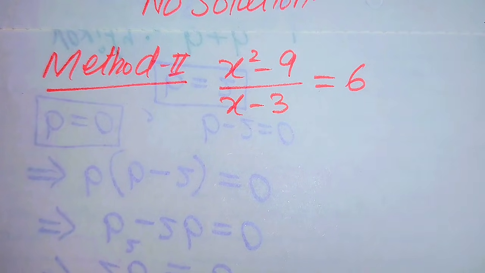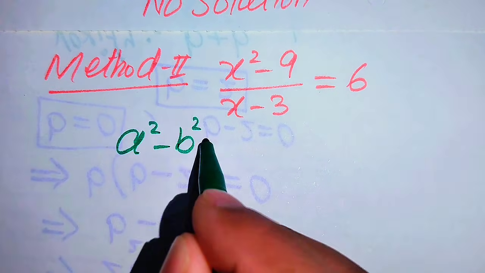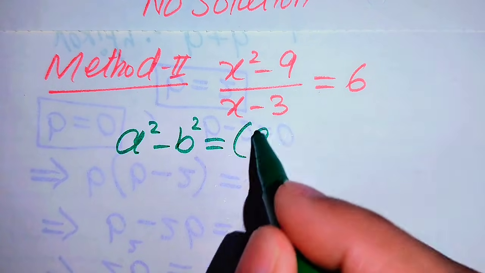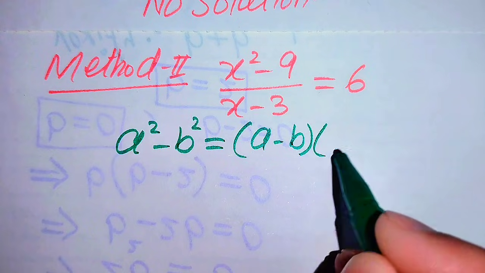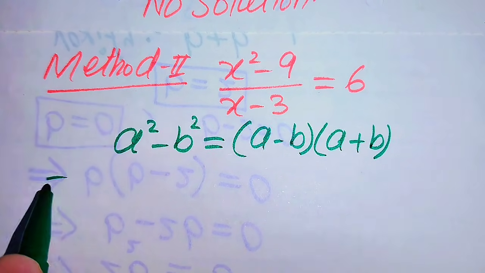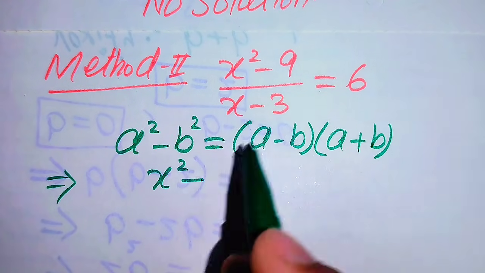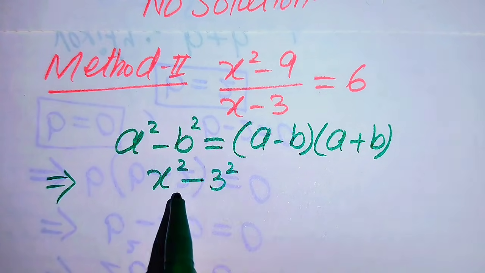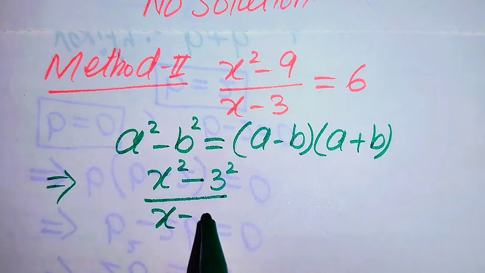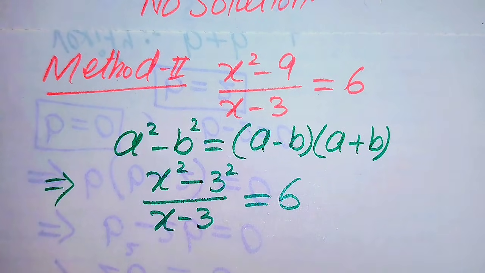You know about that: a squared minus b squared equals a minus b times a plus b. So first we rewrite our above equation as x squared minus 9, we write 9 as 3 squared, divided by x minus 3 equals 6.